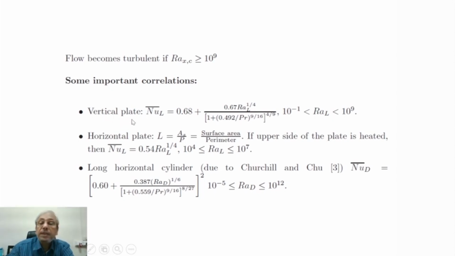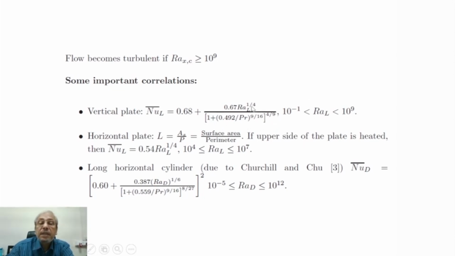important correlations. For a vertical plate, the average Nusselt number is given by this expression, which was found through carefully done experiments, and then people tried to find a correlation to summarize all the experiments.